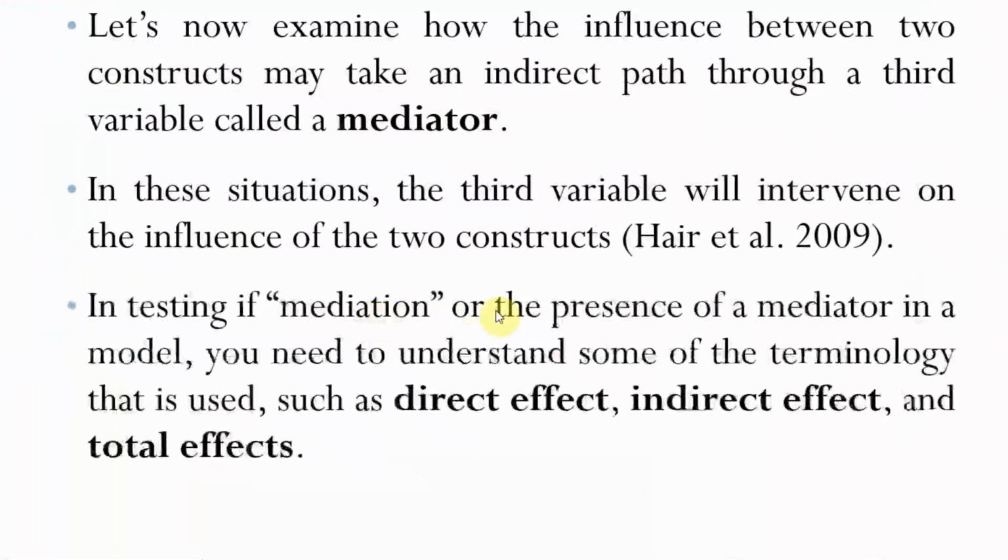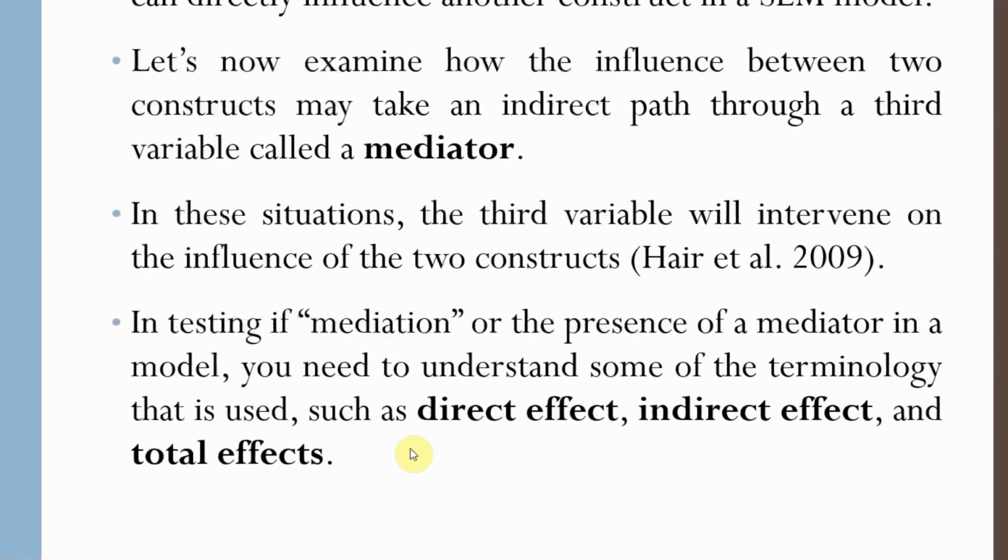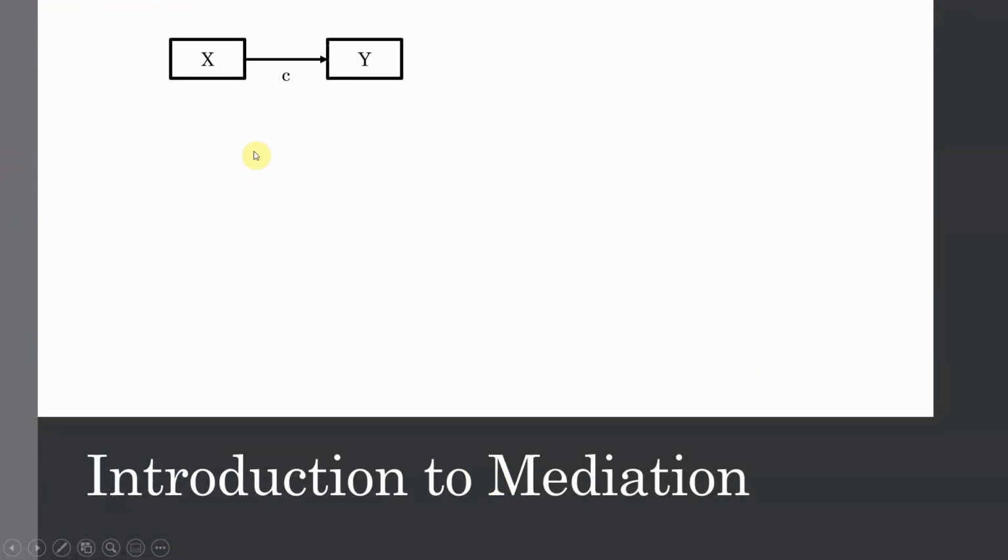In testing for mediation, or the presence of a mediator in a model, you will need to understand some of the terminologies, which are direct effect, indirect effect, and total effect. Now have a look here. This C represents the relationship between X and Y, and this is the total effect. Why?